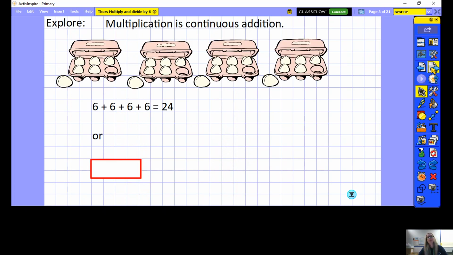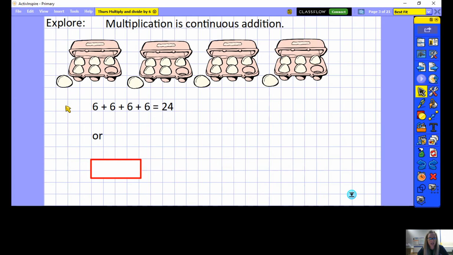Okay, so multiplication is continuous addition, and I've got a visual representation here that shows that. So here you can see we've got some eggs, and I've got 6 eggs. Add 6 eggs, add 6 eggs, add 6 eggs. So altogether, I've got 24 eggs, and you can see the addition is written here. Now, we can also write that as a multiplication.